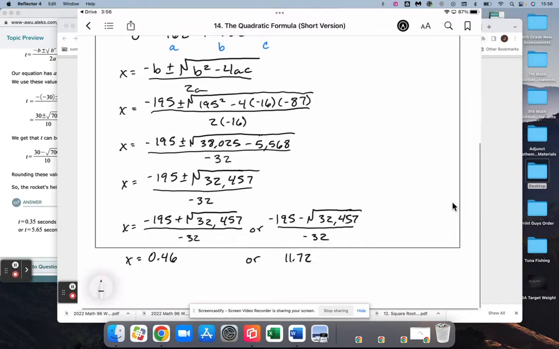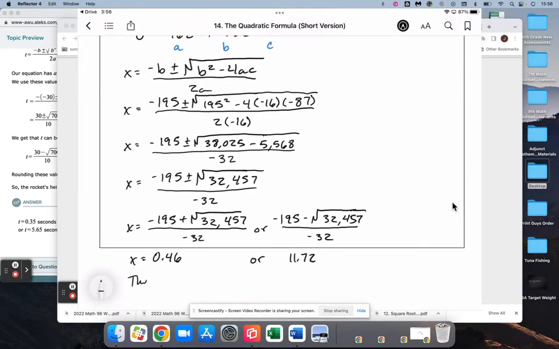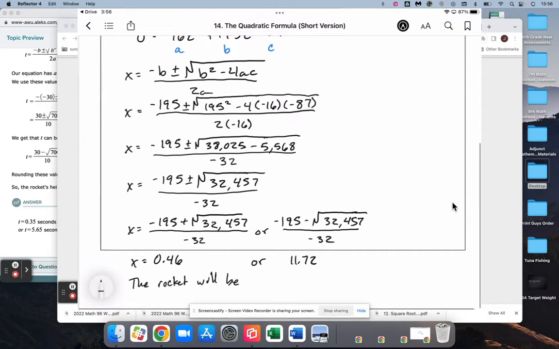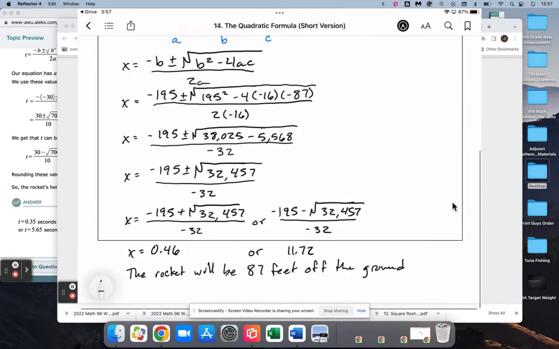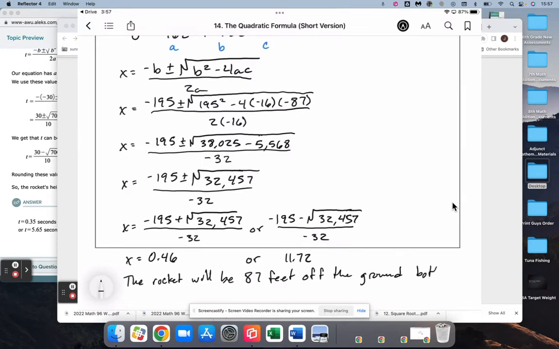So the rocket will be 87 feet off the ground at both 0.46 and 11.72 seconds after launch.